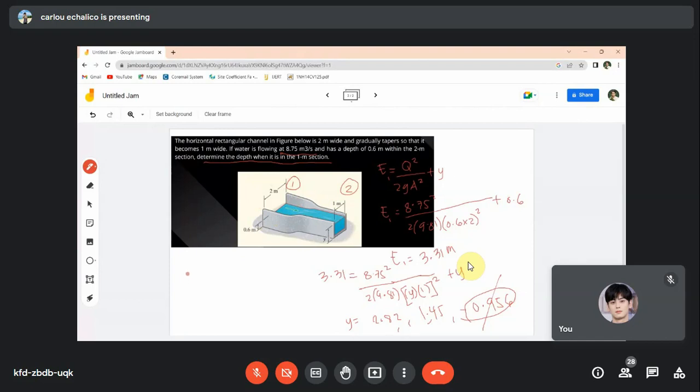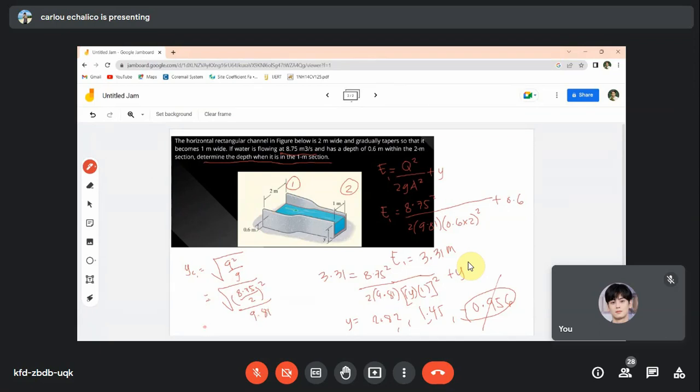YC. The YC for section 1 is the cube root of Q squared over g, over B squared. So Q, which is the discharge 8.75, divided by the base which is 2, squared, over 9.81.